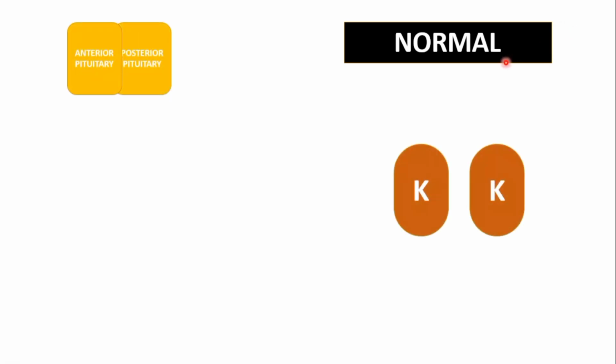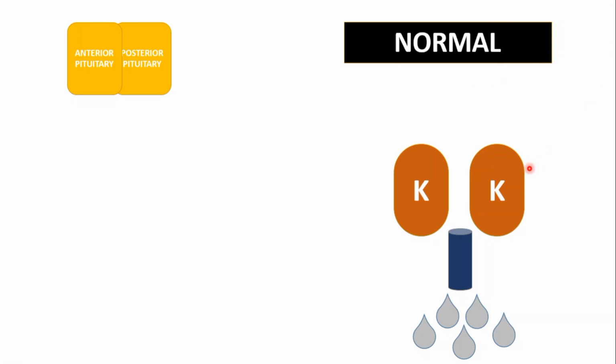Normally, what happens with the ADH and the diuresis? Usually we have the anterior pituitary, posterior pituitary, and we have two kidneys which pass urine through the kidney tubules.